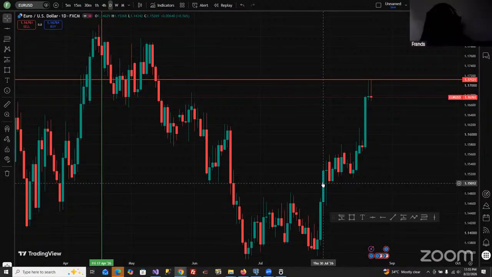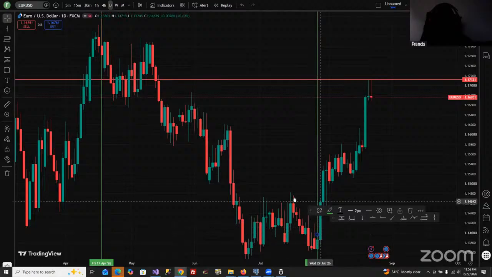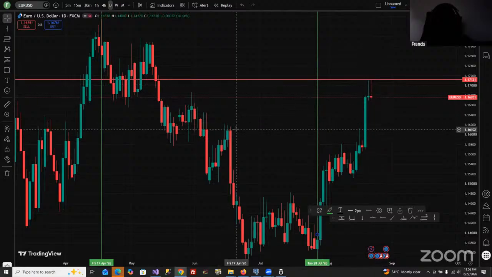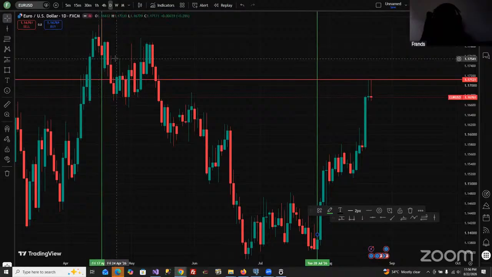The reason why I opted to go to the left is that if I were to take 14 days, I could probably have taken it from here. But this one is only showing me one side, and this higher high is higher than if I had taken it from here or here. So that's why I opted to go to the farther left side.